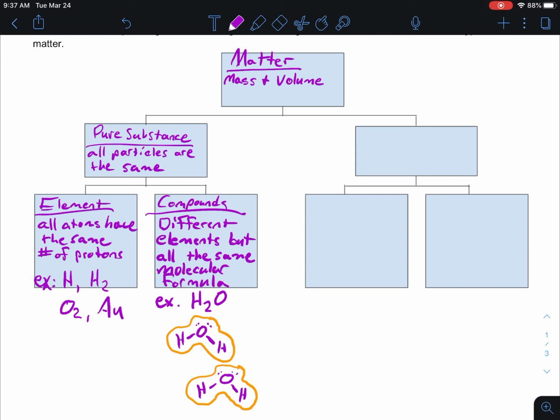So, pure substances: all the same atom, or different atoms, but all locked together in the exact same molecular formula, such as H2O. Now, if all the particles are not the same, then that's this other division here on the right-hand side. This matter would be considered mixtures.